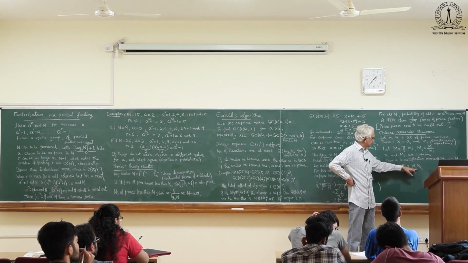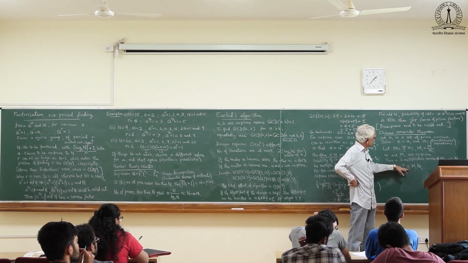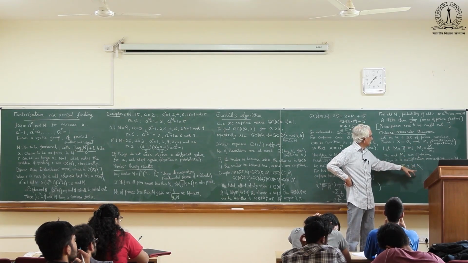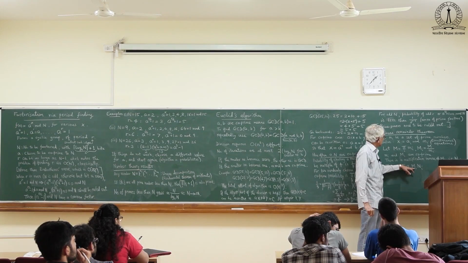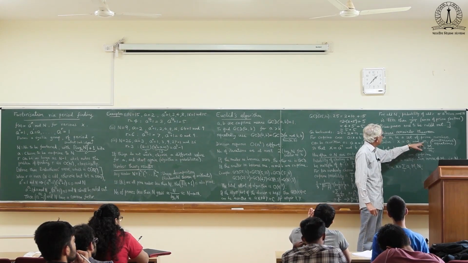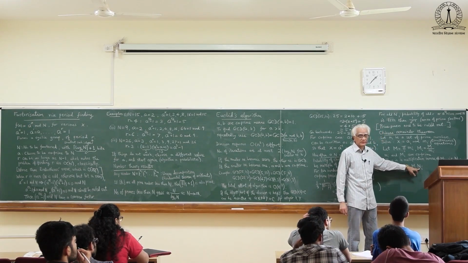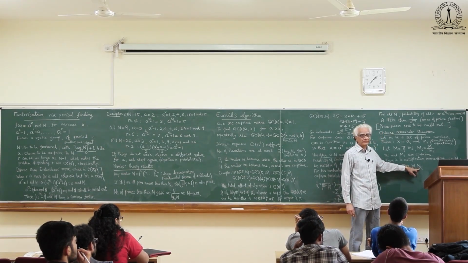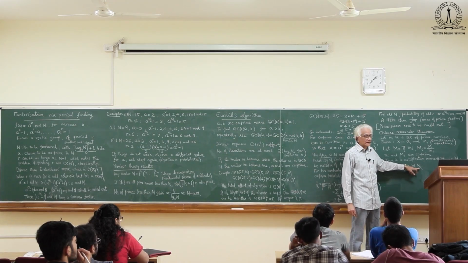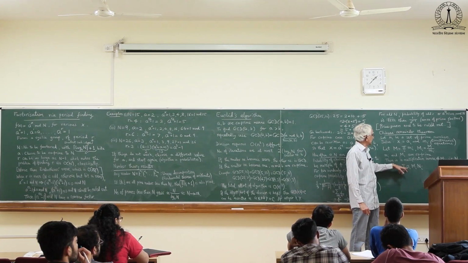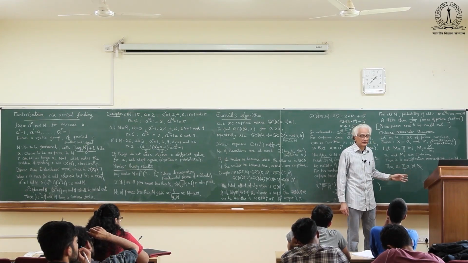So the only term which contributes is the one corresponding to i. When you take this mod, all the others disappear. And now what happens when I take mod mi? Well, I define this to be an inverse. So that is 1. And then it is ai, that is the term which survives.